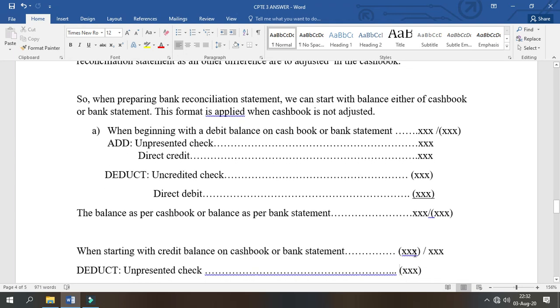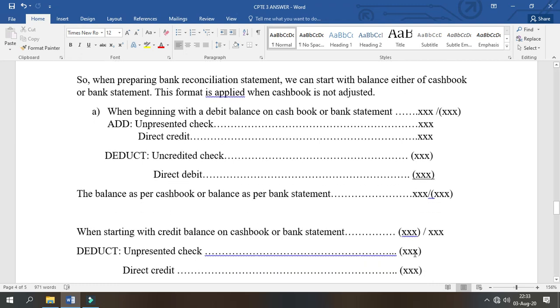So when starting with a credit balance on the cash book or bank statement, we are going to reverse the first one.